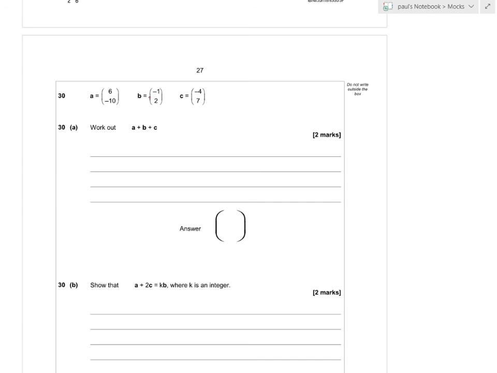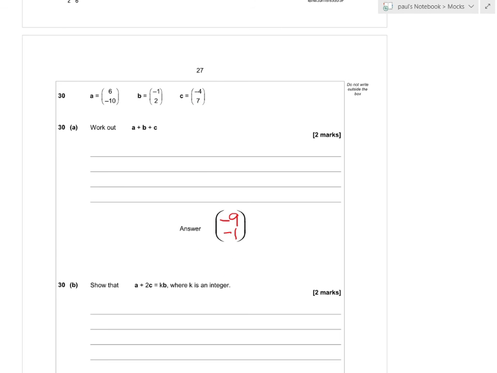Right. A is that, B is that, C is that. Column vectors. Work out A plus B plus C. Right, so 6 minus 1 is 5. Minus 4 is minus 9. And minus 10 plus 2 is minus 8. Plus 7 is minus 1.